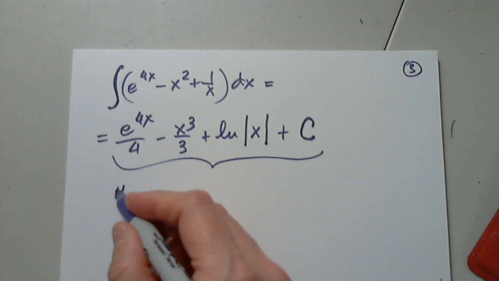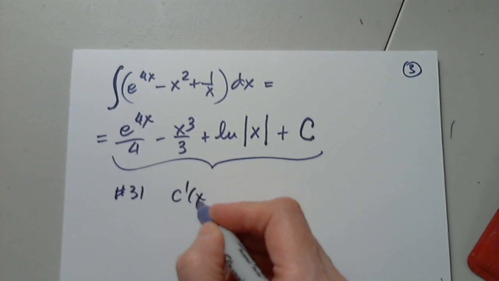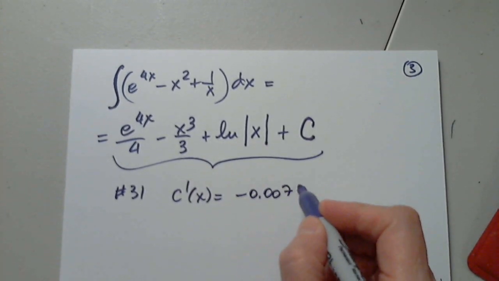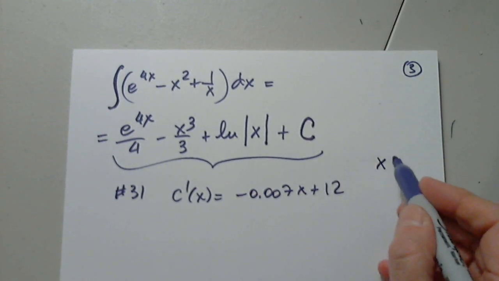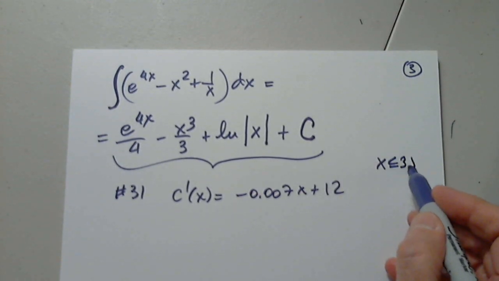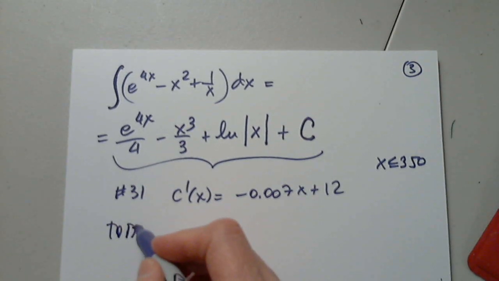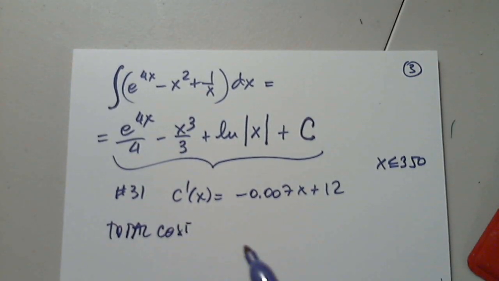So let's look at 31. We are given c prime of x as negative 0.007x plus 12. And they're telling us that this function is valid as long as we have less than 350 yards of fabric. They're asking us to find the total cost from producing 200 yards.